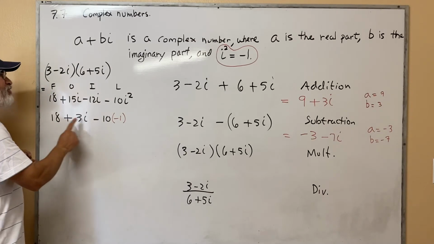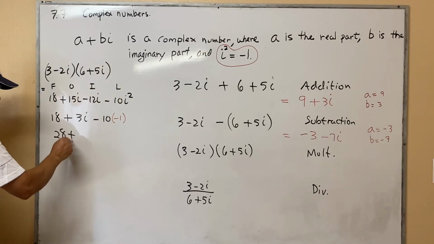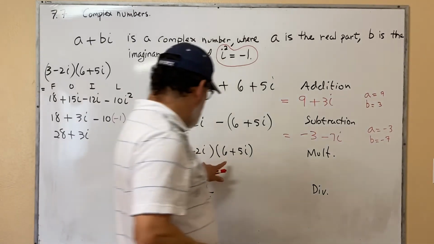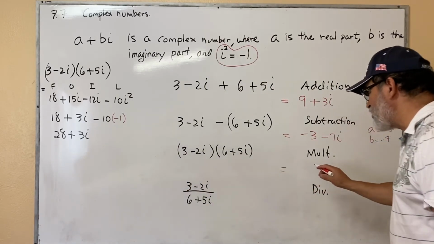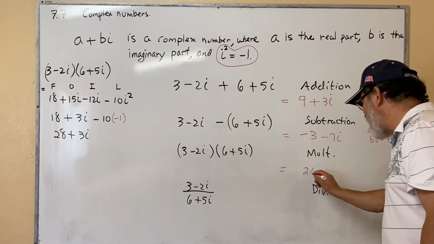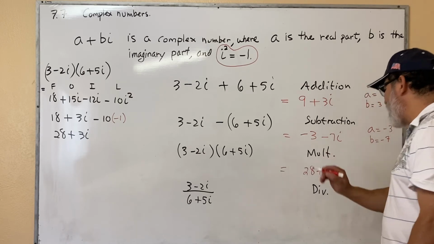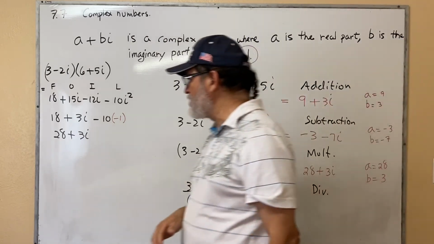So what's 18 plus 10? 28 plus 3i. Hey, that's what this is. When you multiply those two, what do you get? In multiplication, you get 28 plus 3i. And what is a here? A is 28. And what is b? B is 3. Okay, nice.